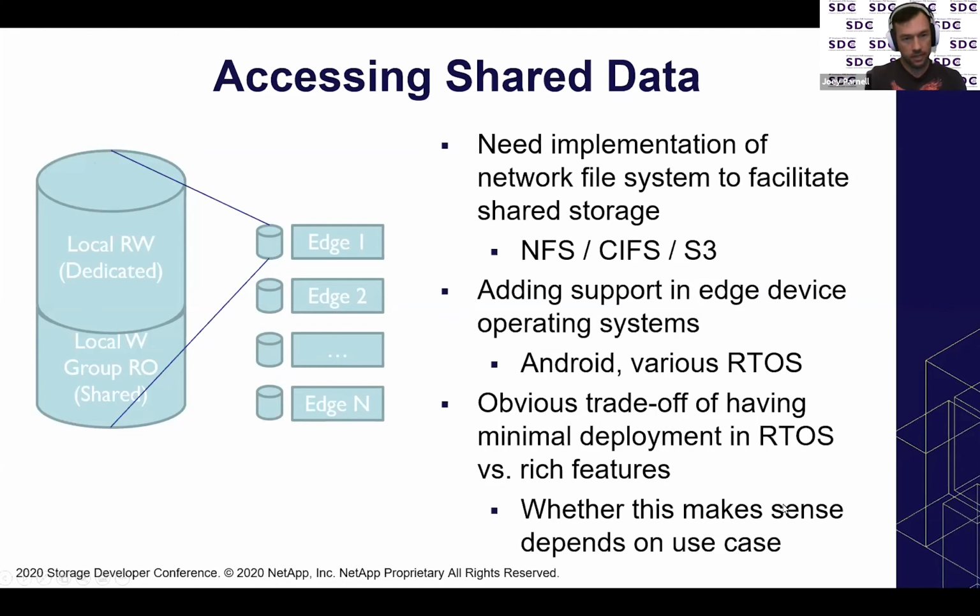And on the left side here, what we're showing is each edge device. Today, it's one big lump of dedicated storage. We're proposing to divvy it up into two chunks, one of which is dedicated storage for the device, the other of which is writable by the device and readable by other devices within the group.